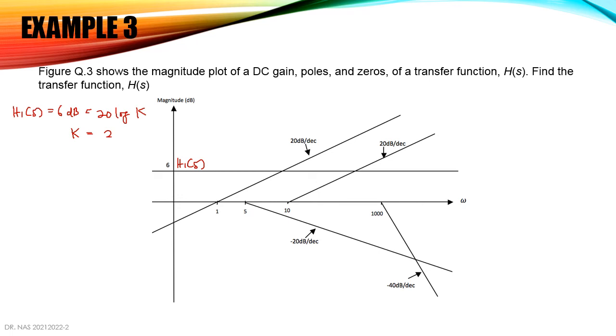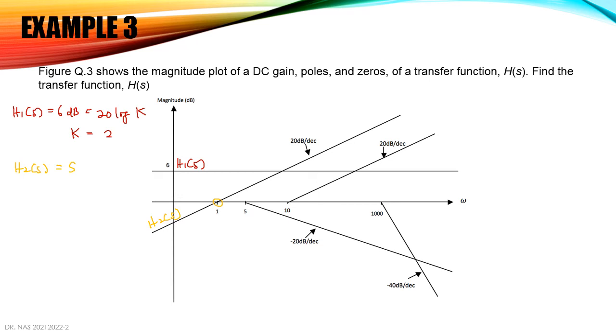Okay. Next, consider the zeros at origin. Okay, there's a line with 20 dB slope crossing 1. So we know the equation has zeros at origin. So we call this one H2(s). So we know that H2(s) equal to s.